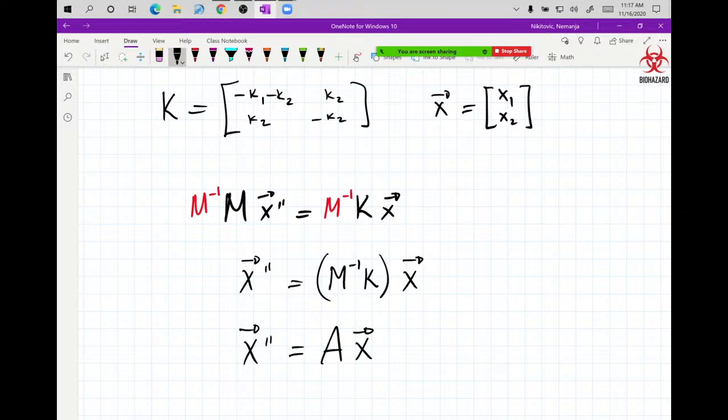And for this, we just go and pretty much solve everything the same way, where we have the eigenvalues, eigenvectors, and all of these kind of things.